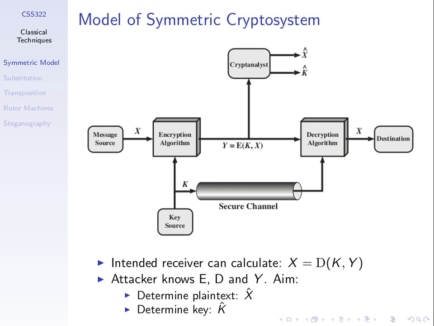We apply some algorithm. We can write that as a function. Some encryption algorithm takes as an input some key K and the plaintext message X, and some function E takes those as an input and returns as an output, what is it called?